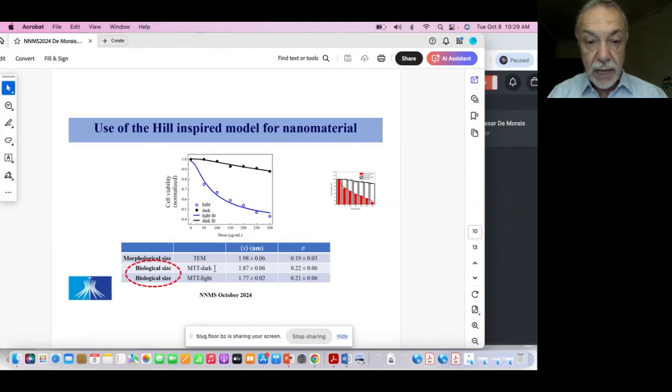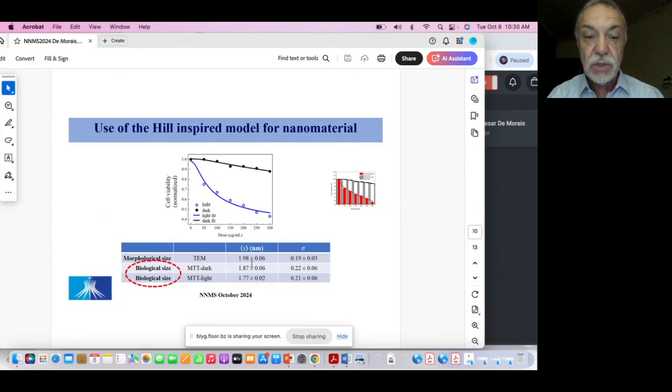I call it the biological size. And I have a biological size coming from the dark experiment, and I have the biological size coming from the light experiment.